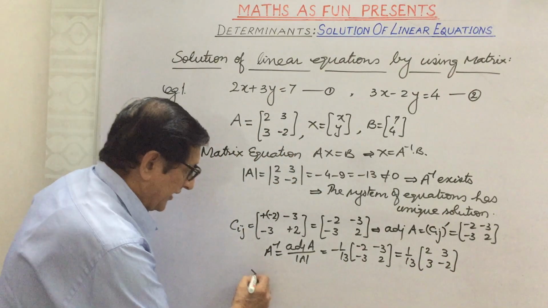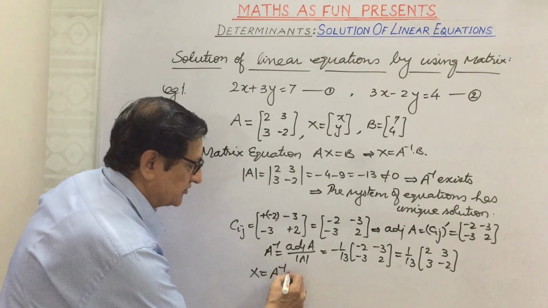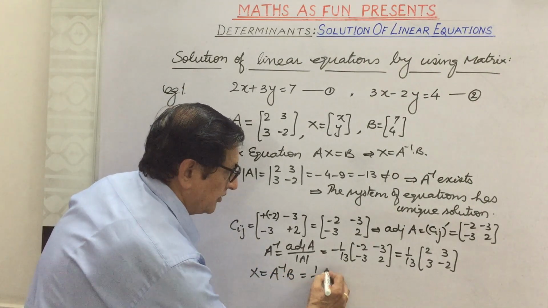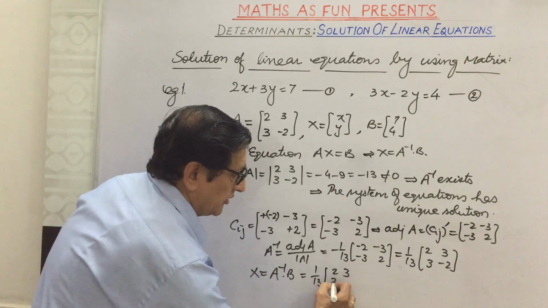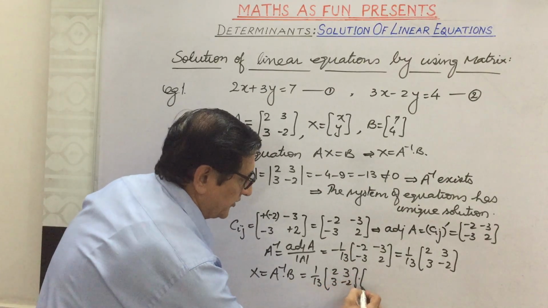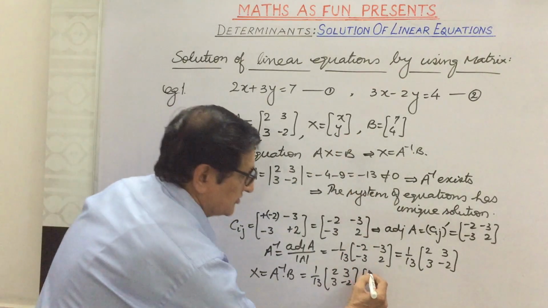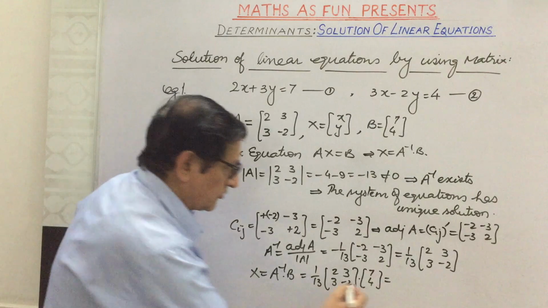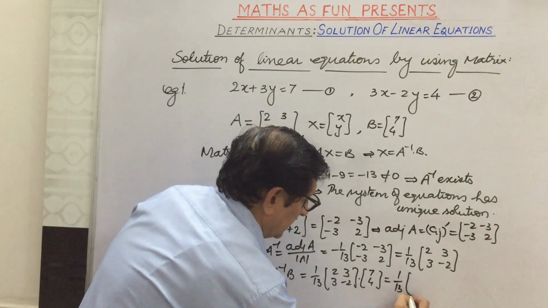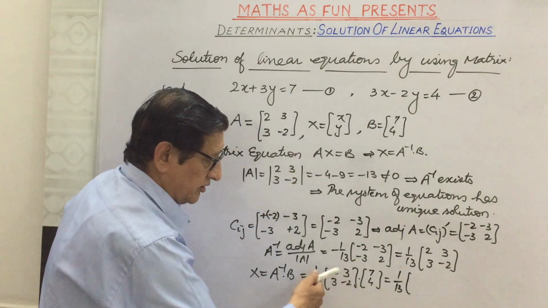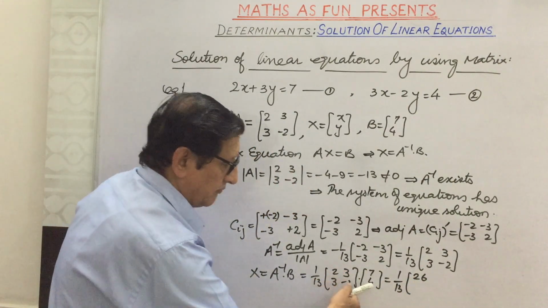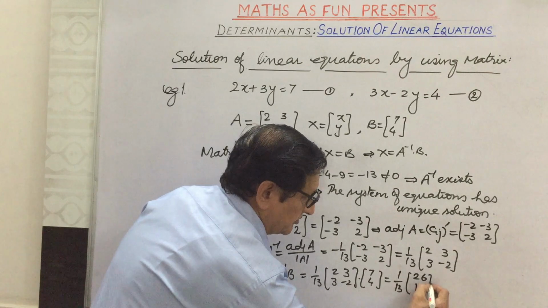And now we know X is A inverse into B. That is 1 upon 13 into 2, 3, 3, minus 2, into B. B is 7, 4, which is equal to 1 upon 13 into 14 plus 12, 26, 21 minus 8, that is 13.